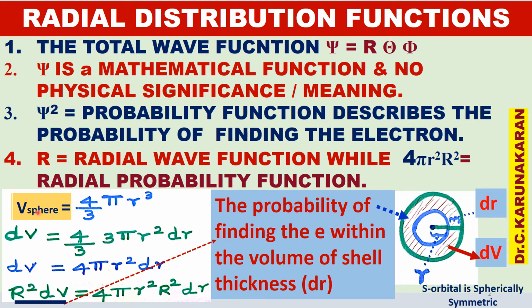Since the s orbital is spherically symmetric, the volume of a sphere is mathematically known. It is equal to 4 by 3 pi r cube.